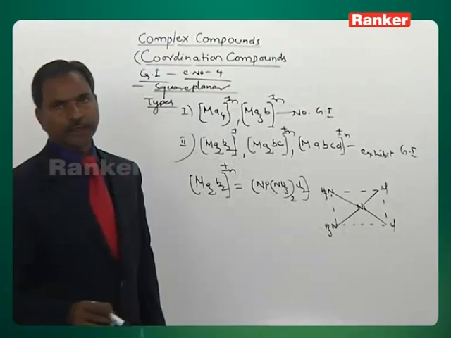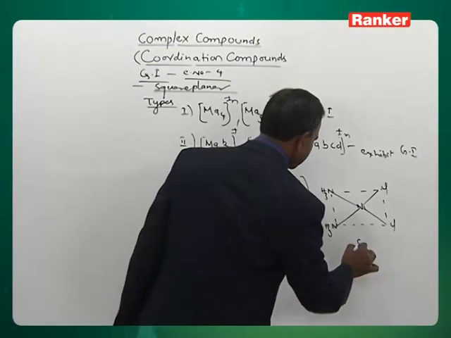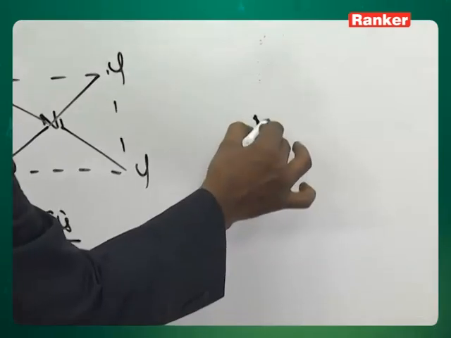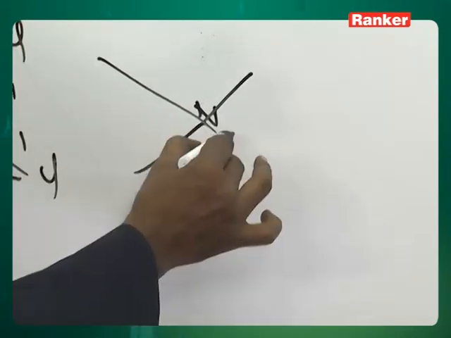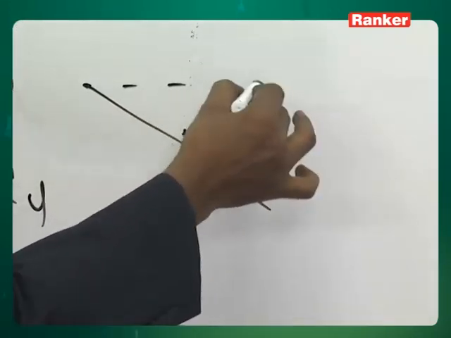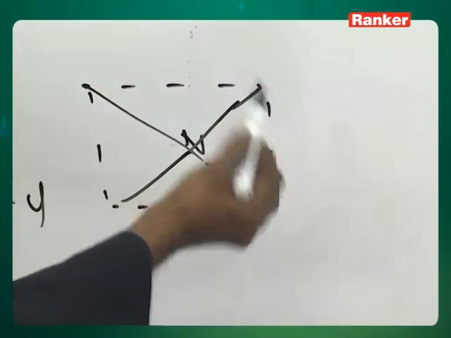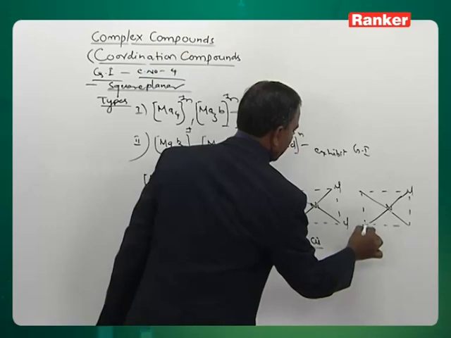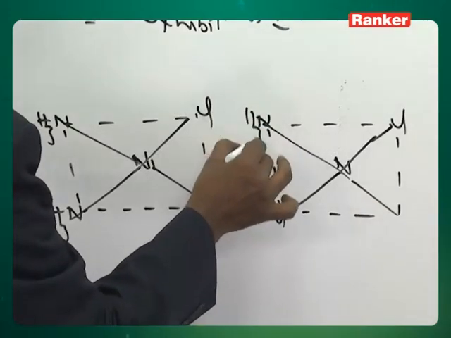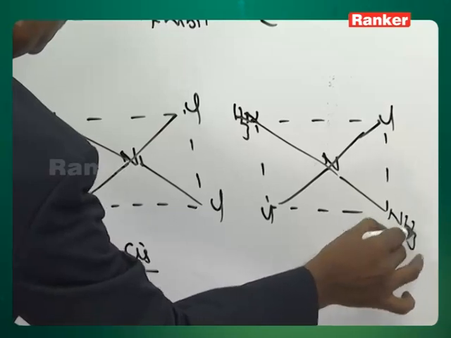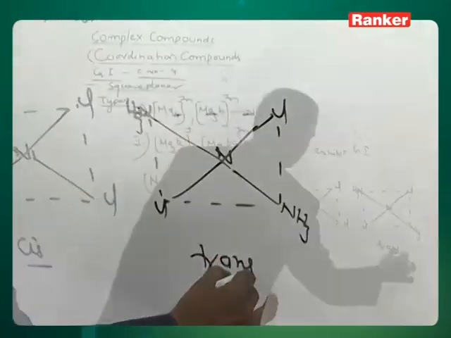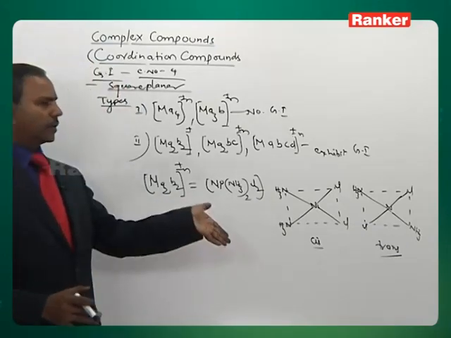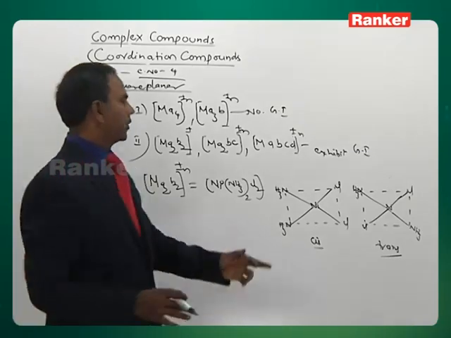See, this is the cis complex. And the trans complex: I am writing the Cl and Cl on opposite sides. This is cis and this is trans. No difficulty, well known to you. This is cis, that is trans.